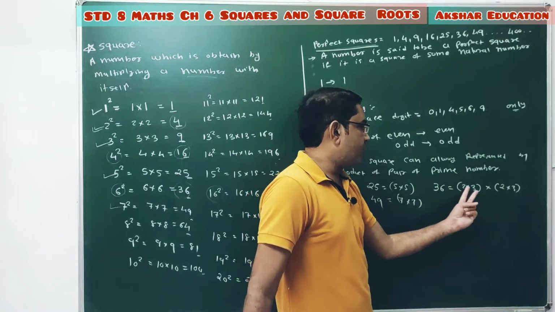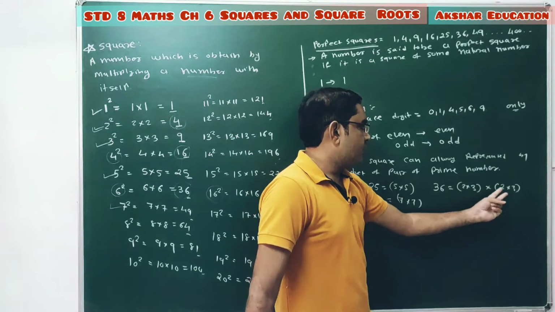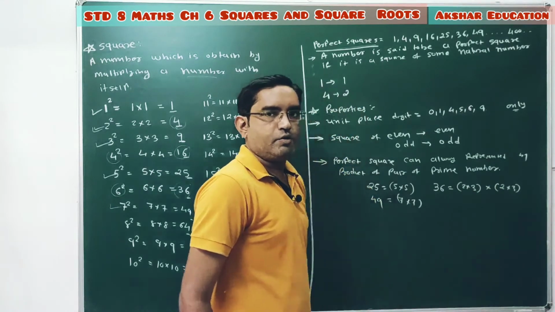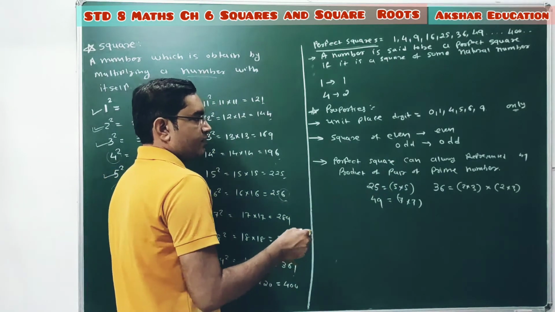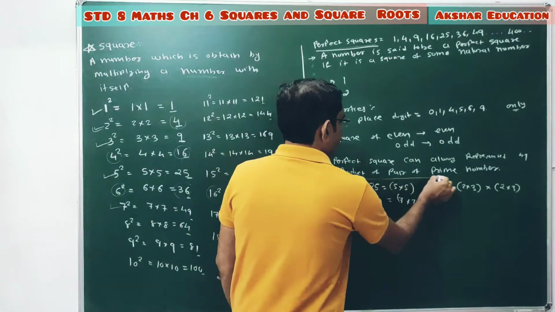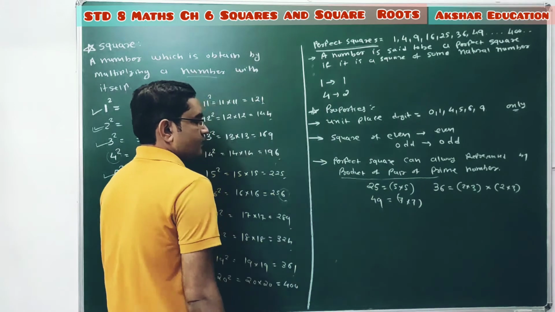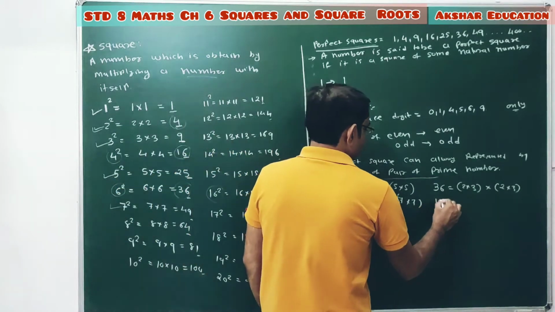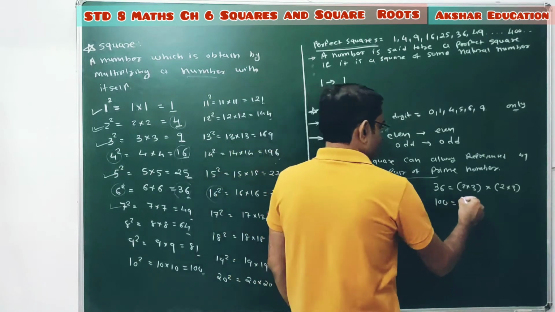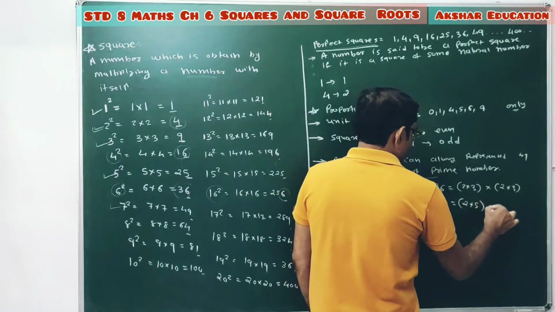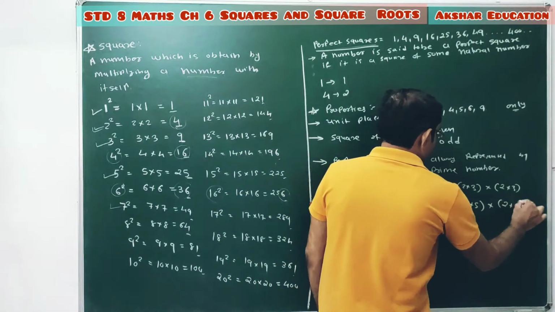This is one pair of prime numbers 2 and 3, so two pairs are there. So you can represent any perfect square number as a product of pairs of prime numbers. Done? Suppose 100 is a perfect square number. So it is also represented as a product of pairs of prime numbers. So 2 and 5 prime numbers. So 2 into 5 into 2 into 5.